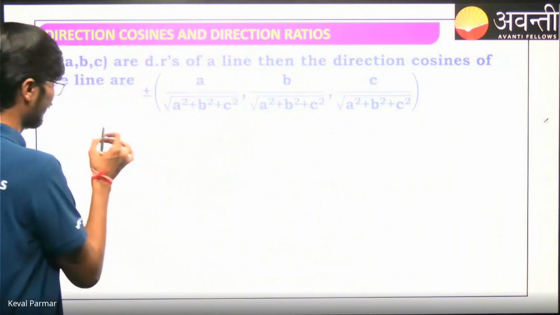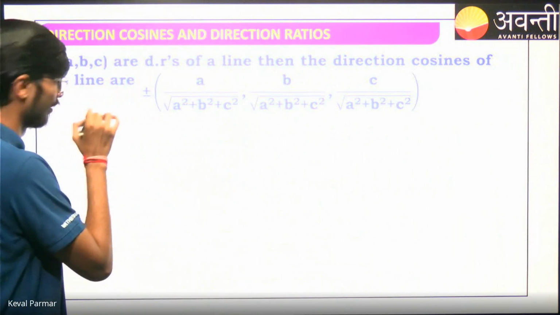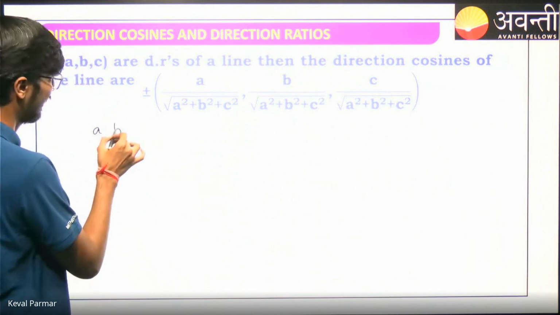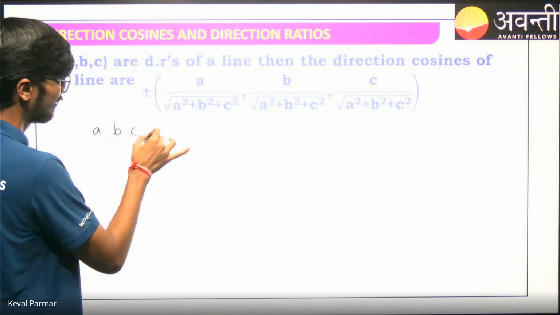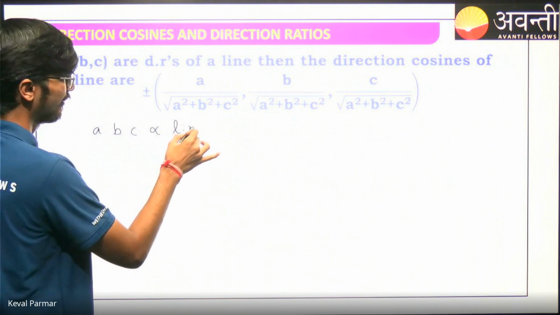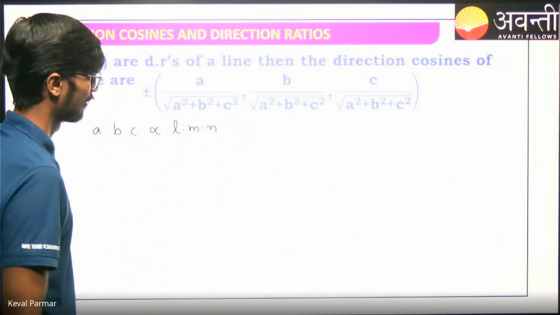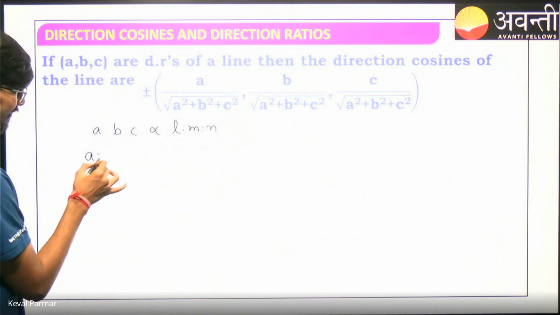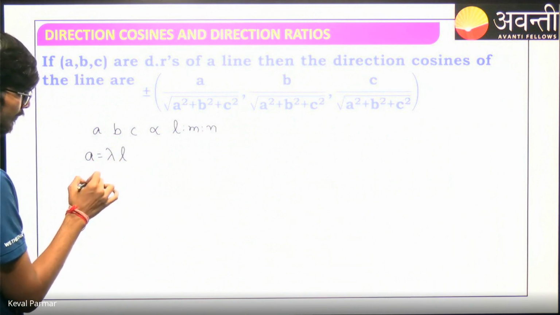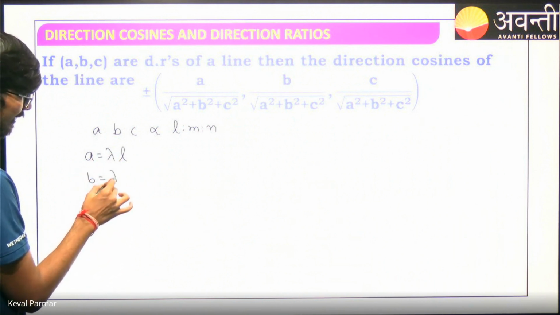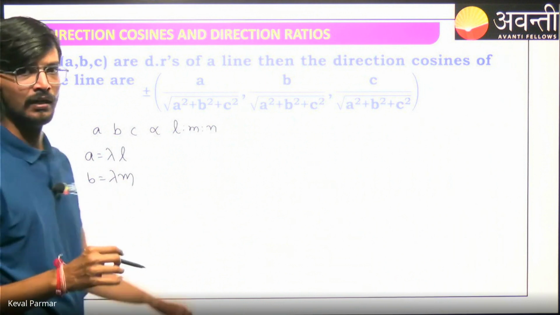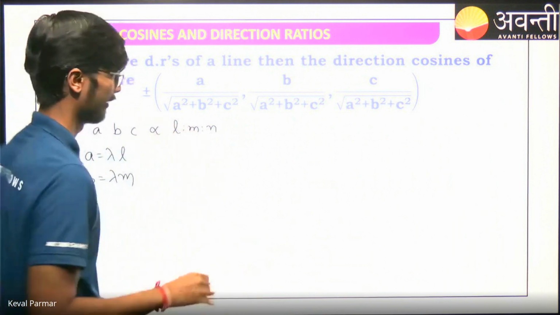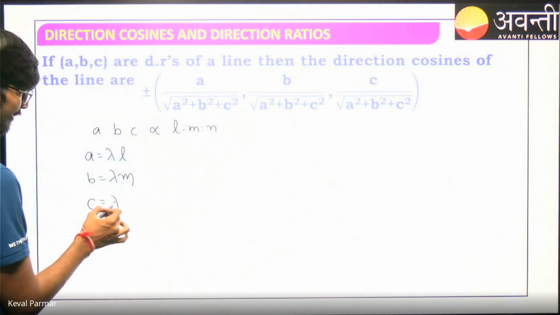We all know that the direction ratios A is to B is to C are numbers directly proportional to direction cosines. So here I can get A is lambda times L, B is lambda times M. Lambda is the proportionality constant and C is lambda times N.